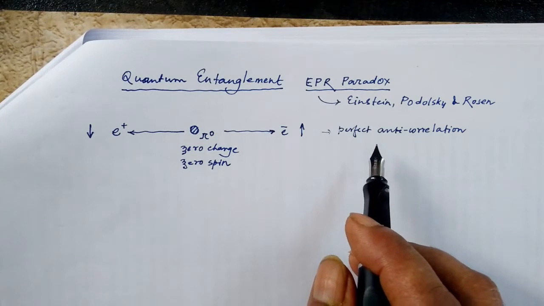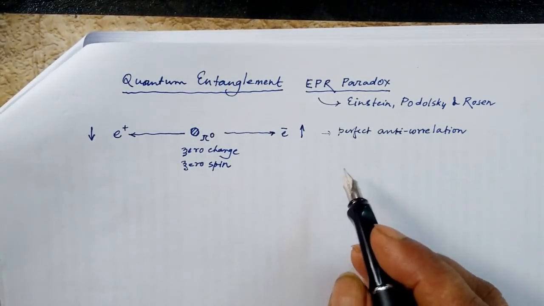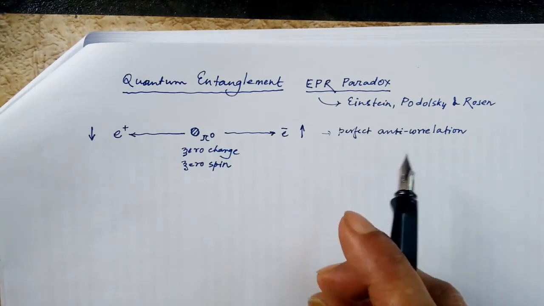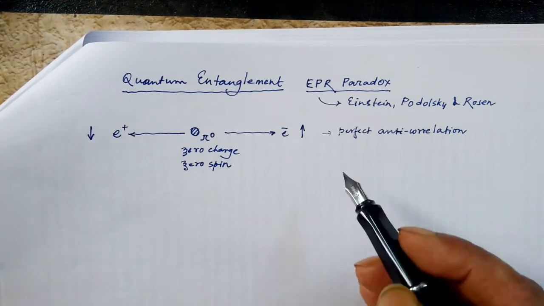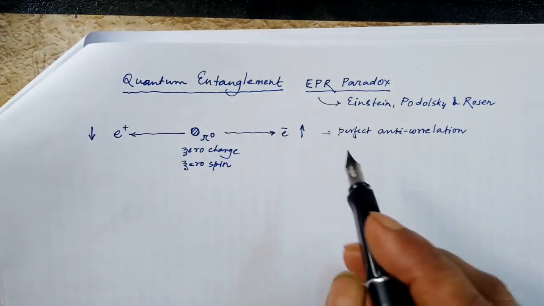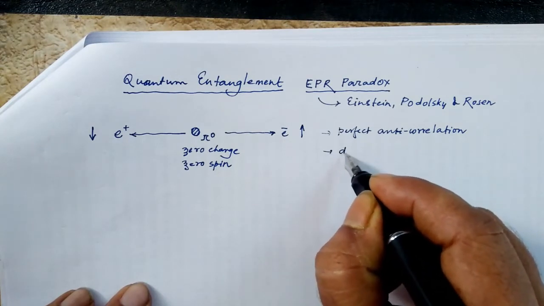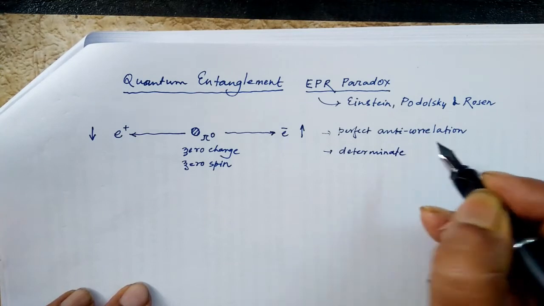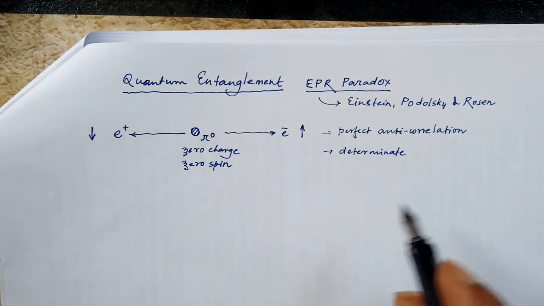So now Einstein thought that this demonstration, which is a thought experiment, showed that the spins of these two particles are determinate before measurement.